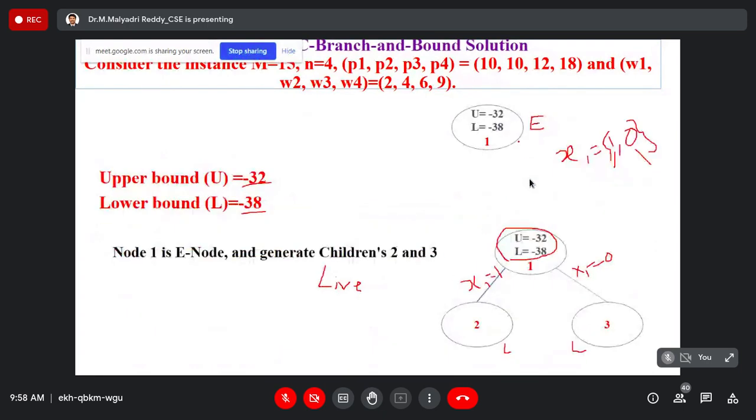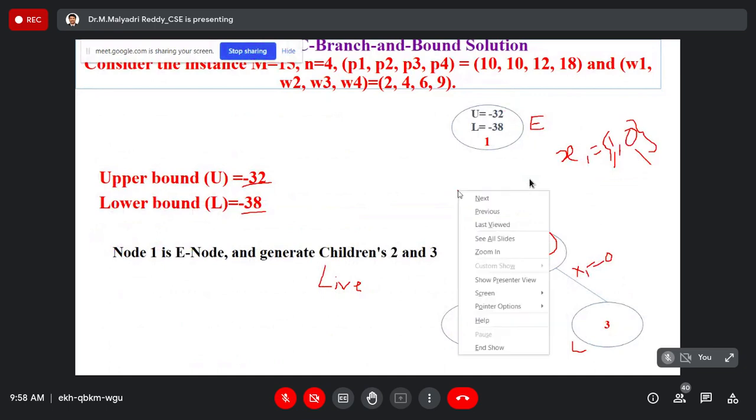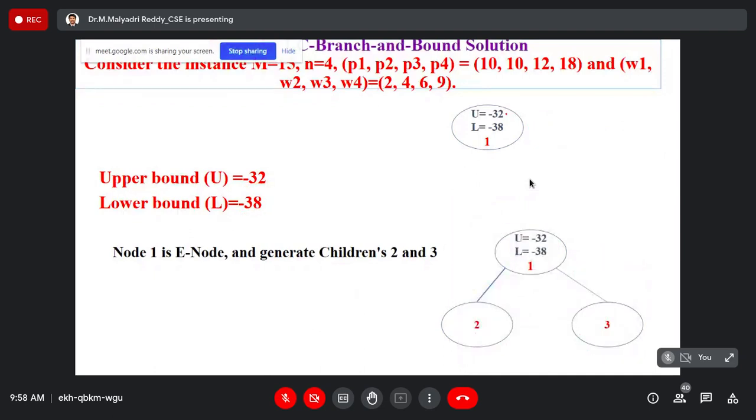So here I have to take one node with upper boundary and lower boundary values. Node 1.